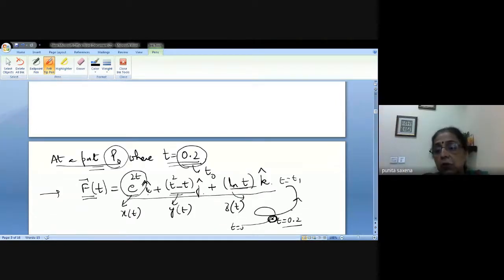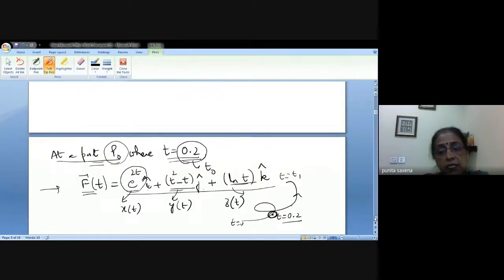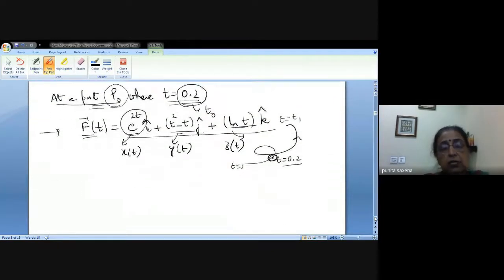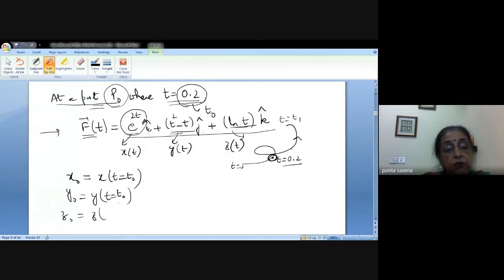So if I'm interested in finding a specific point on the curve, then my x naught is going to be x when t is t naught. Similarly, my y naught is going to be the value of y when t is t naught, and my z naught is going to be the value of z when t is t naught.